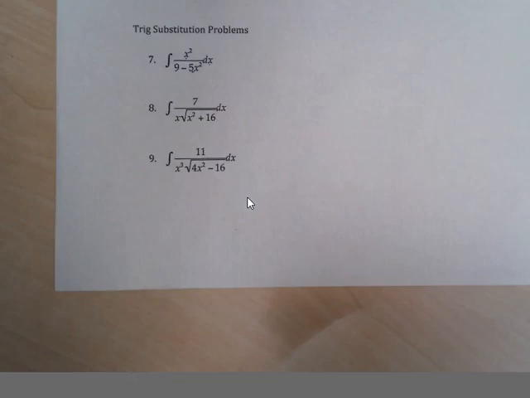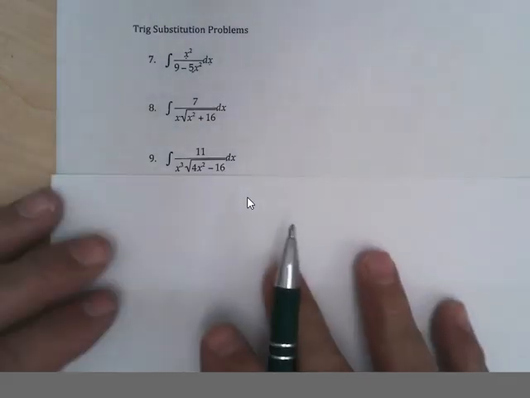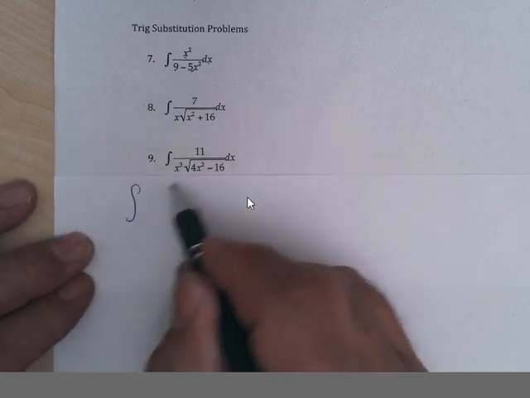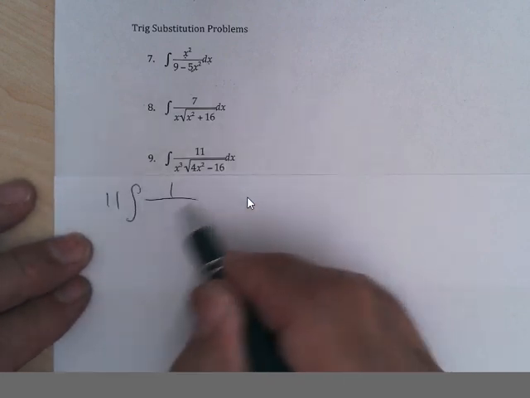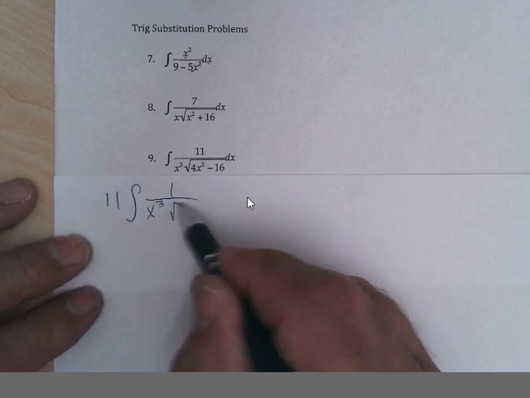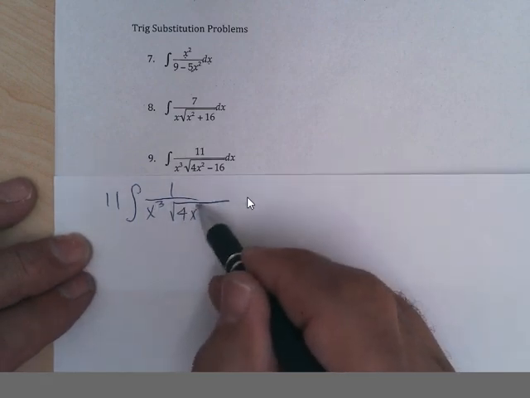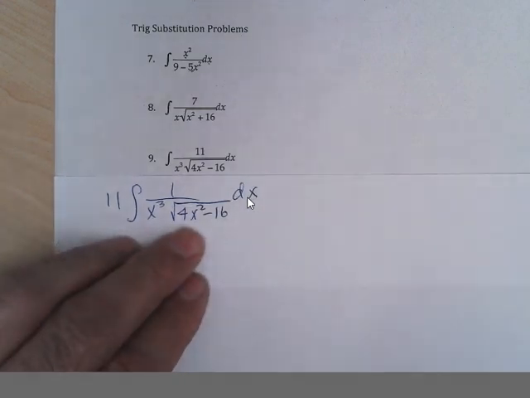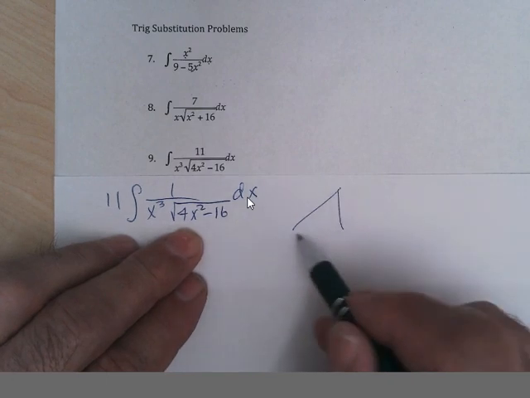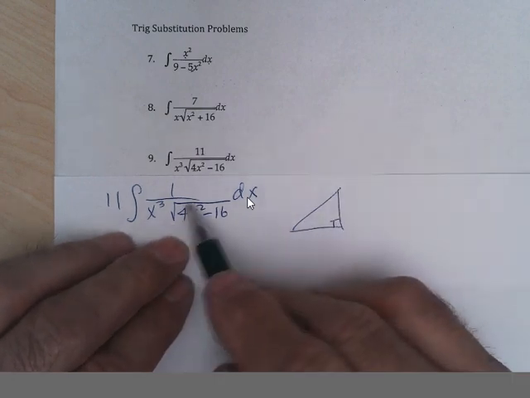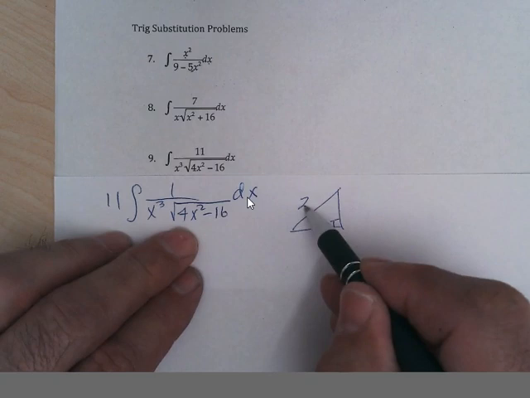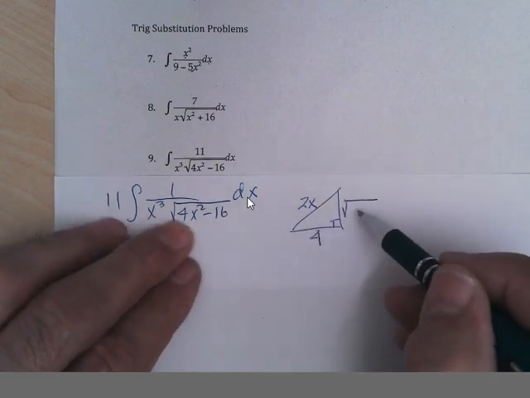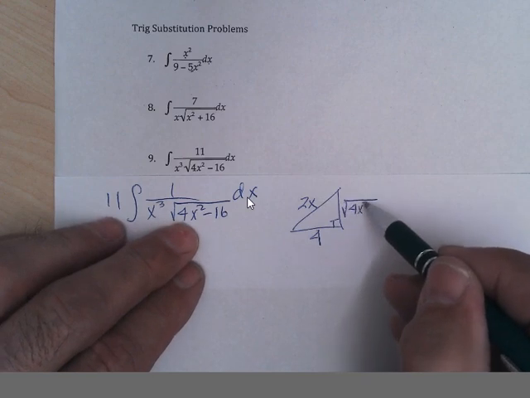And finally, this one. So we have the antiderivative, we can pull out the 11, 1 over x cubed square root of 4x squared minus 16 dx. So I'm going to make a triangle for a trig sub. And this is the positive part minus this, so I'm going to put 2x on the hypotenuse, put 4 on the adjacent, so I can put the messy on the opposite that has an x, and that'll be 4x squared minus 16.